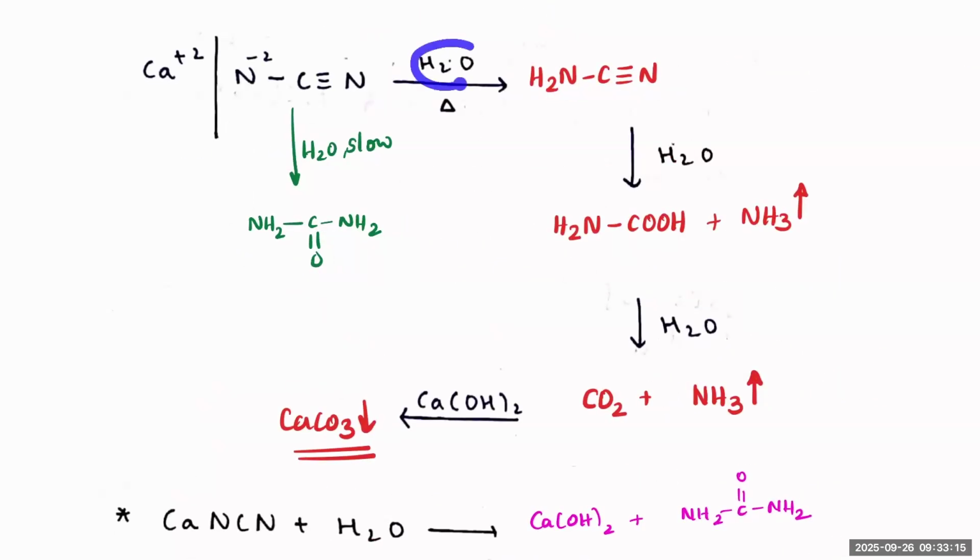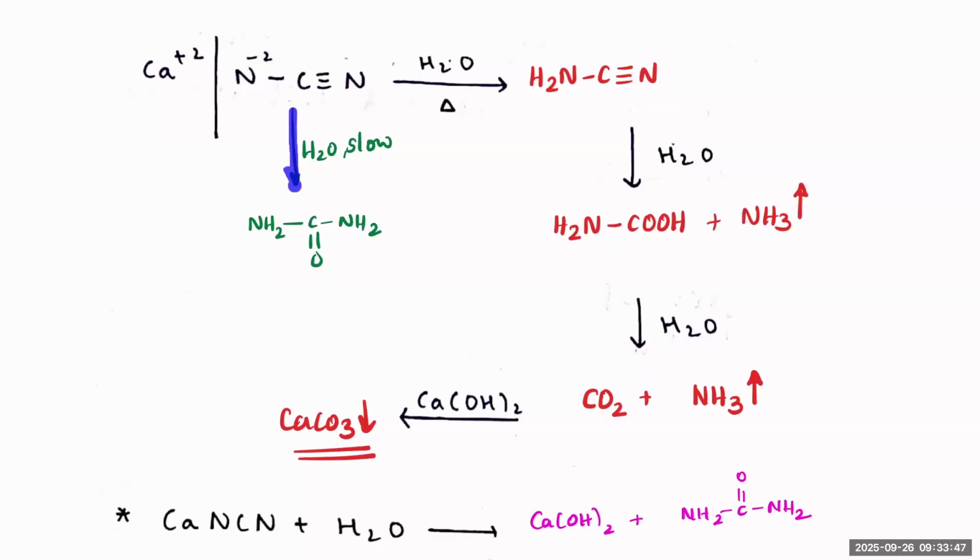If you add water, this N2 minus will take two hydrogens to convert into an amine. This is cyano with an amine, like cyanoamine. When you hydrolyze it, the CN will get hydrolyzed to form COOH. And this nitrogen part will convert into ammonia.